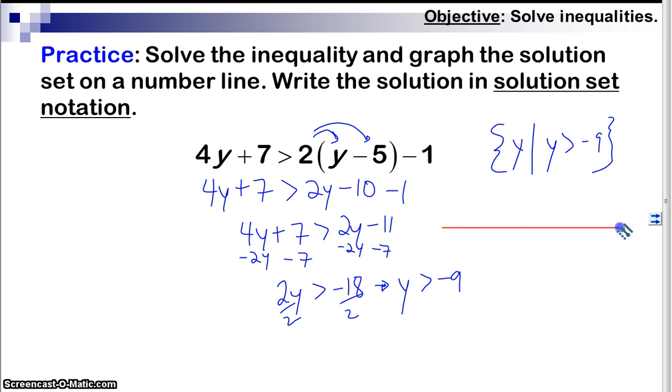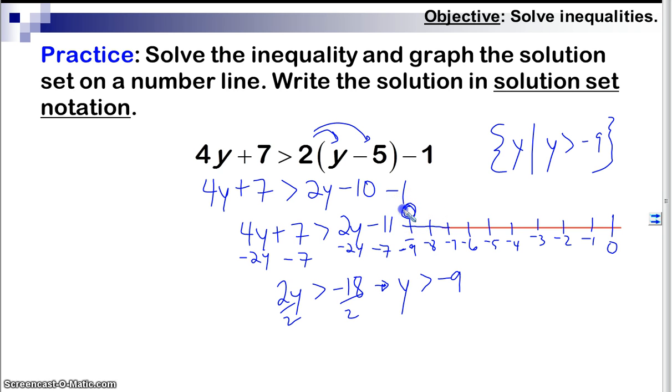All right, so put our number line there, and for negative 9, I'm going to put a 0 here, and we'll go backwards here: negative 2, negative 3, negative 4, negative 5, negative 6. You know what, I probably didn't have to go all the way out here. I could have just started at negative 5 here.